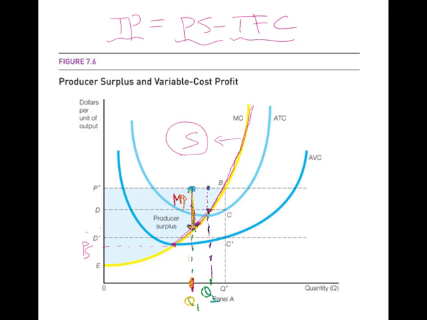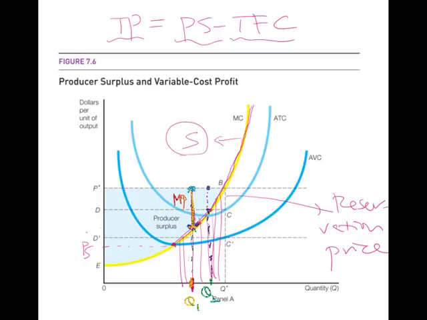Basically, the height of the marginal cost, each height, indicates the reservation price. That's why the slide introduces the definition of reservation price as the marginal cost of production above the shutdown price point. So you can say that producer surplus is the difference between the market price and the producer's reservation price.